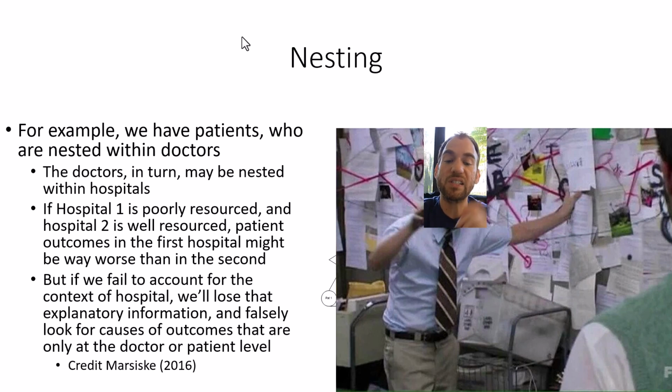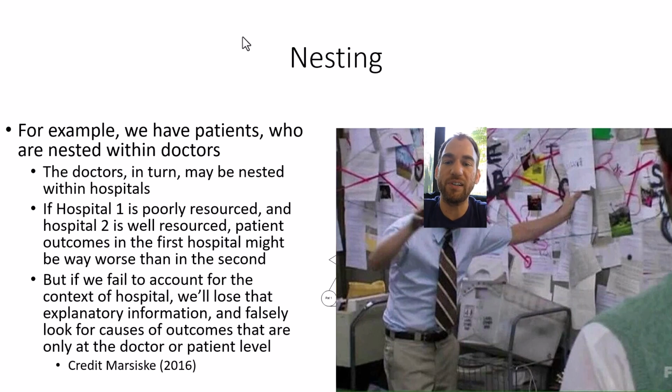The fact that some of your participants were in hospital 2, the well-resourced hospital, and those participants had more positive health outcomes, it is highly likely that it's not just those people making individual life choices, but the fact that they are nested within a larger hospital.